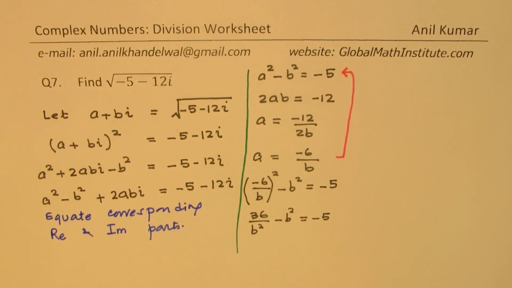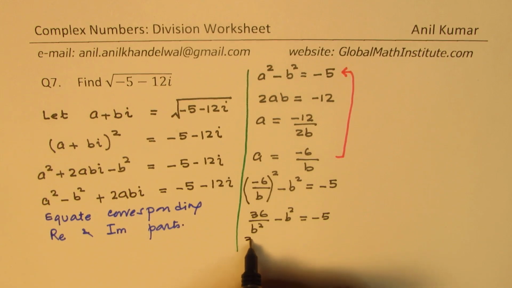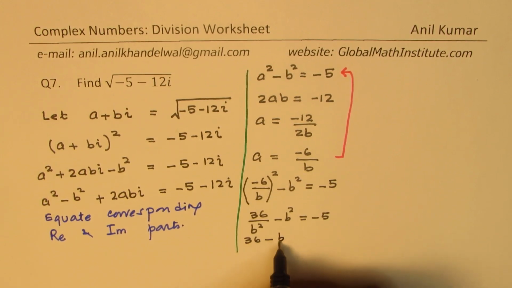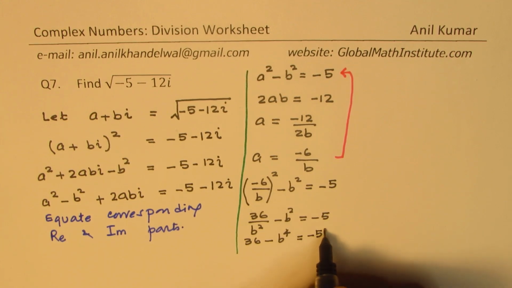Now we can cross multiply, write down our equation and then solve. So we get 36 minus b to the power of 4 equals minus 5b square.